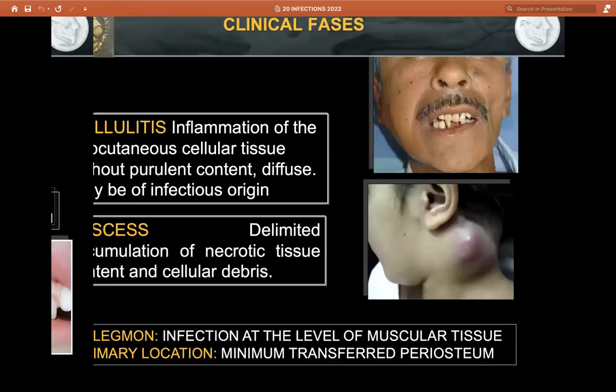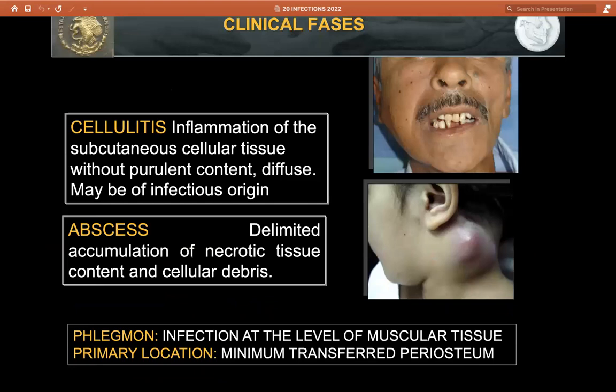Okay. Now, we have some phases. First, we have the inoculation, when the bacteria gets into the site in the beginning. That usually takes around 3 days for the bacteria to reproduce and cause cellulitis.